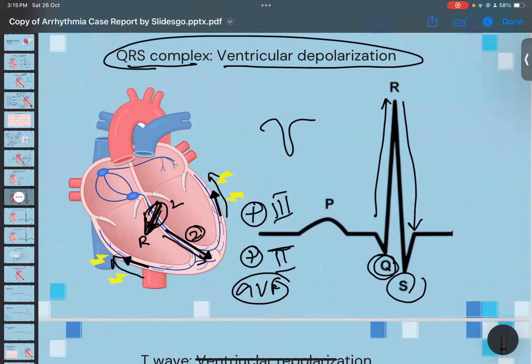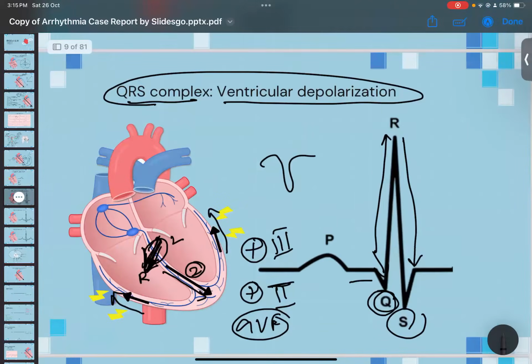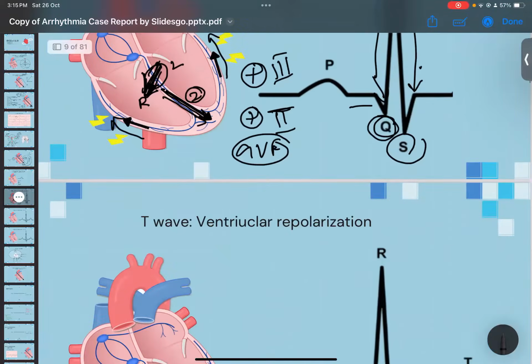So you have a Q, a downward deflection because of the septal depolarization; the R because of the electrical activity traveling downwards; and the S because of the electrical activity traveling upwards. That basically sums up why you get this particular form during ventricular depolarization.